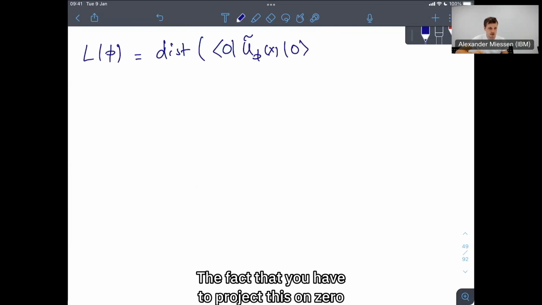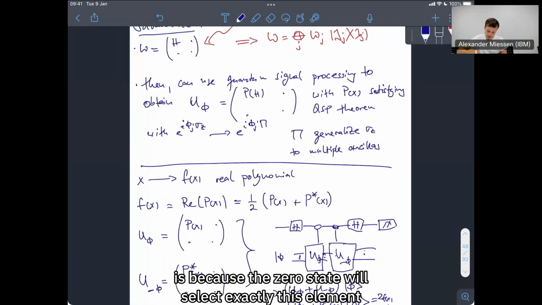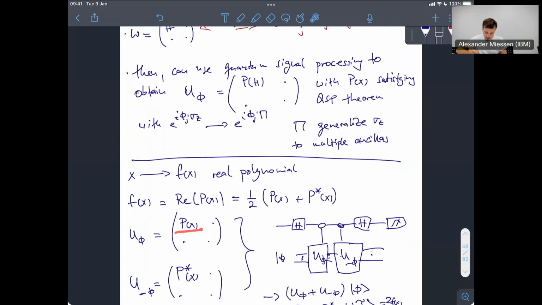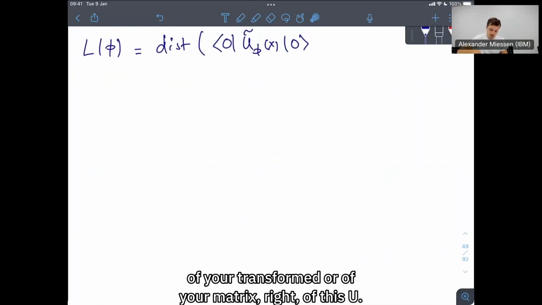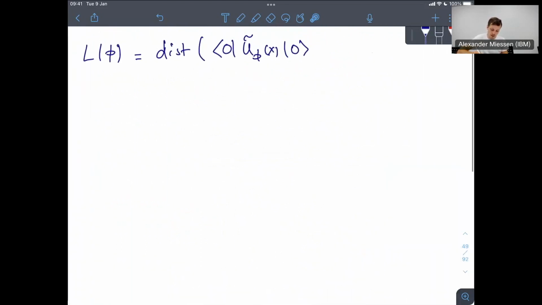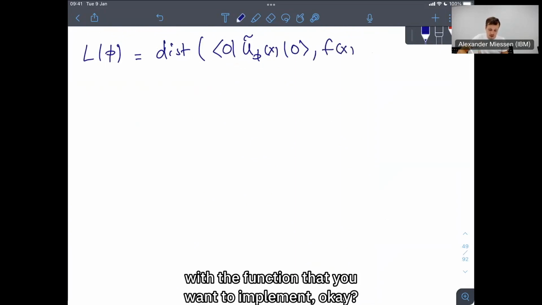You have to project this on zero because the zero state will select exactly this element of your matrix, of this U. And you want to minimize the distance to the function that you want to implement, okay?